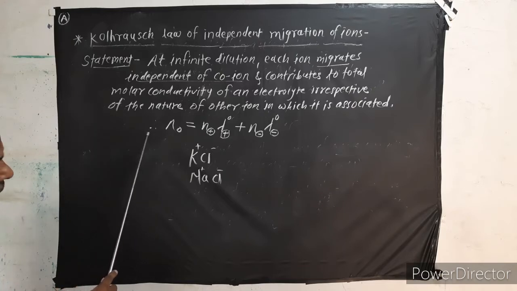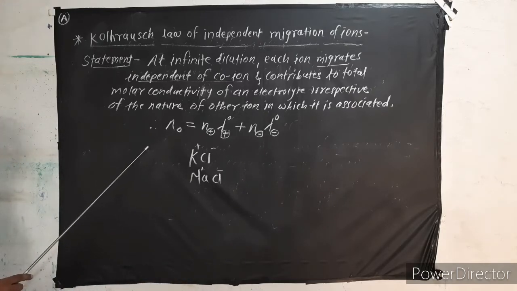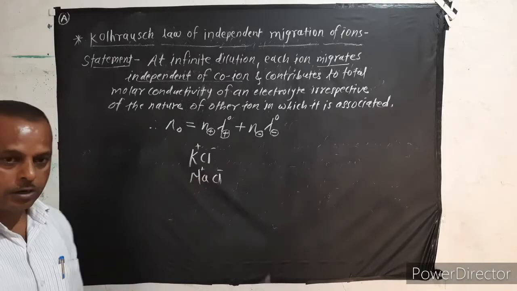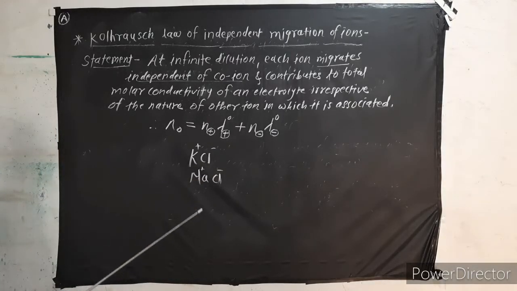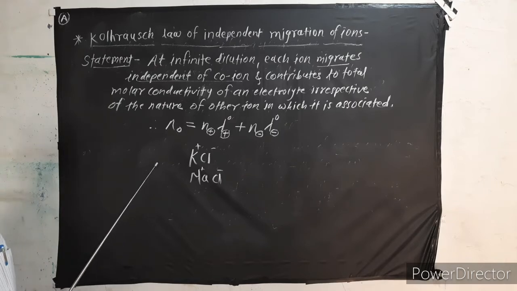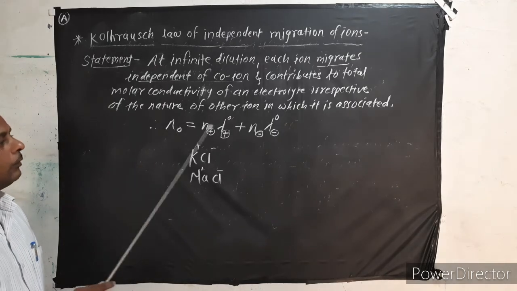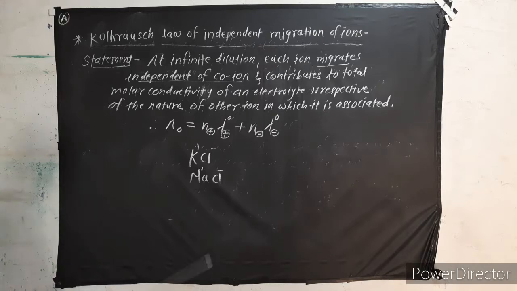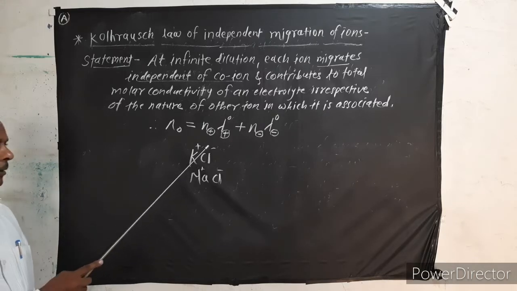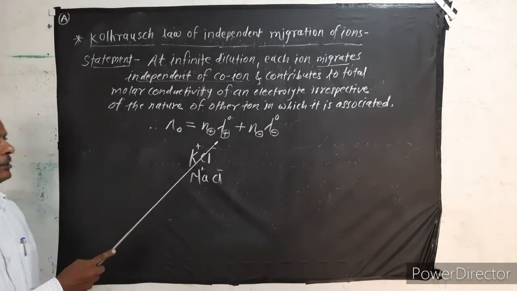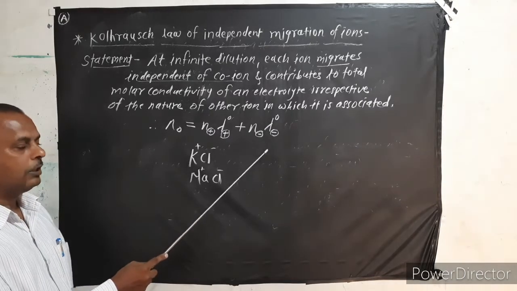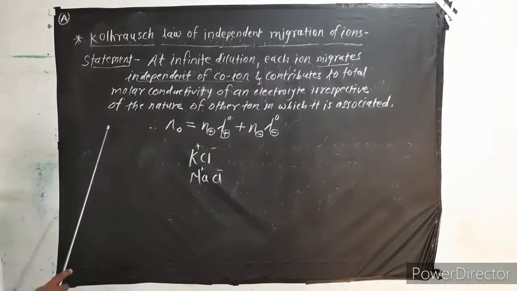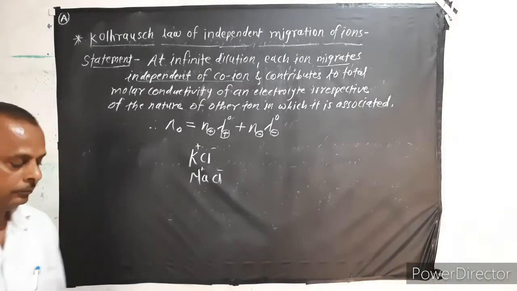In other words, in short, the Kohlrausch law says the molar conductivity at zero concentration of any electrolyte is the sum of the molar conductivity at zero concentration of the cation and that of the anion. This is another way of stating it.